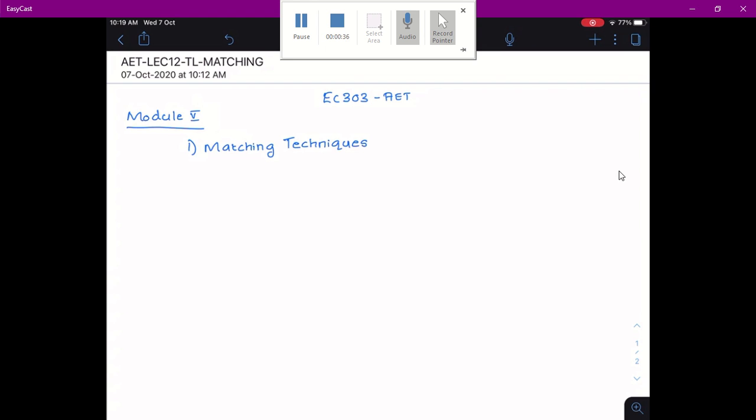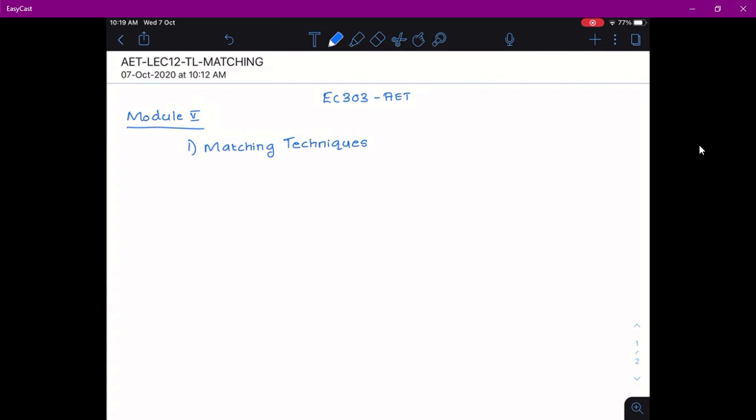So we have seen in our previous lectures that if you want to have maximum power transfer, then the load impedance should be equal to the characteristic impedance. So if this can be achieved, then you have the maximum power transfer, but it might not be possible to achieve in all the cases.